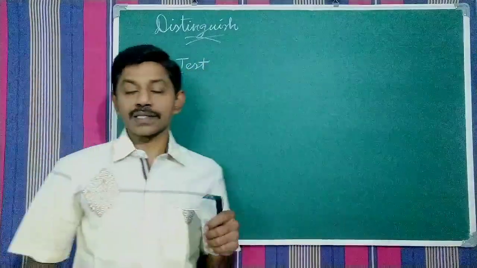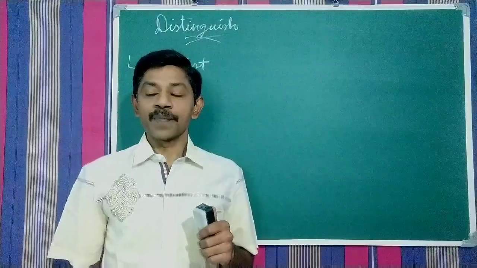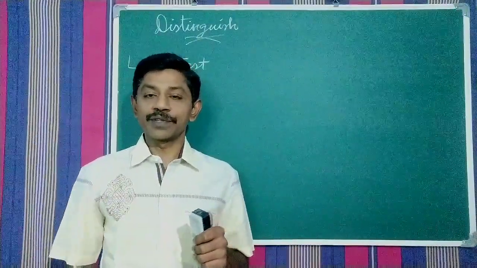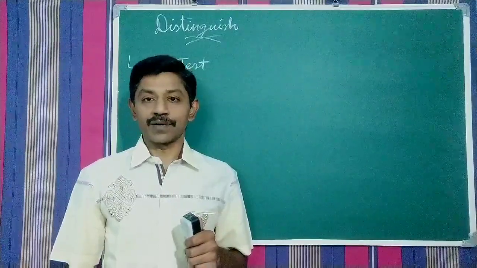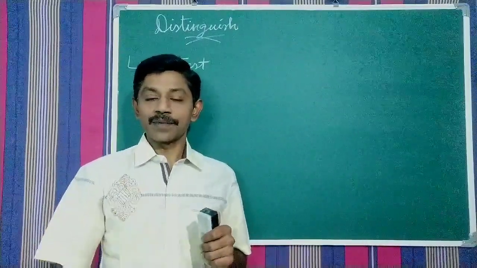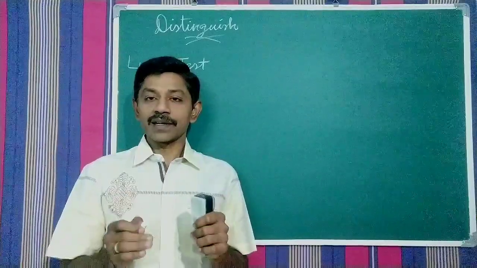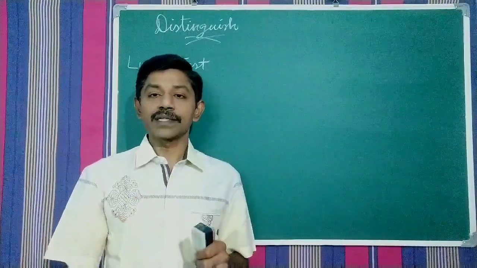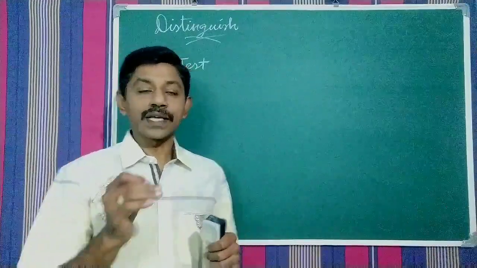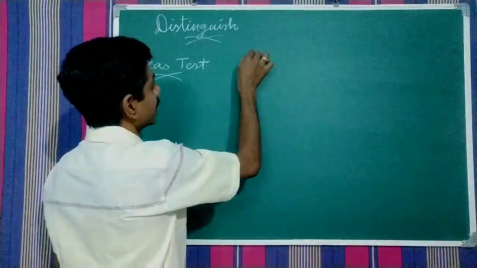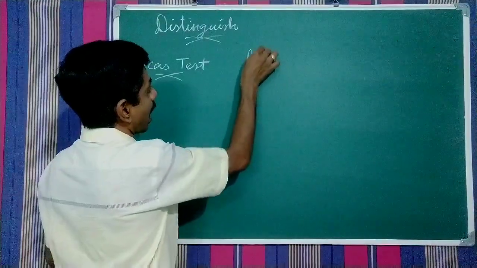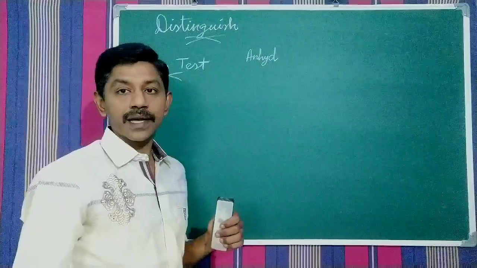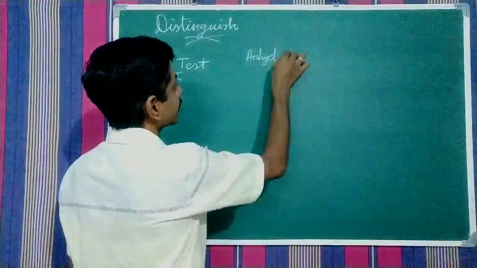Before going to the Lucas test, we should understand what Lucas uses to distinguish between primary, secondary and tertiary alcohol by adding some chemical. It's not one chemical, it's a combination of two chemicals, which he names the Lucas reagent. He is using anhydrous zinc chloride; from the word you can understand, it doesn't carry water.